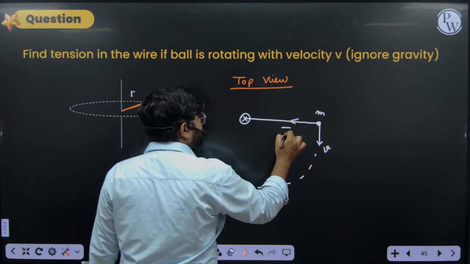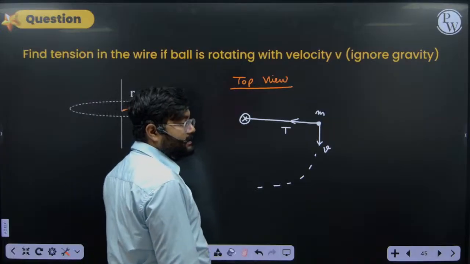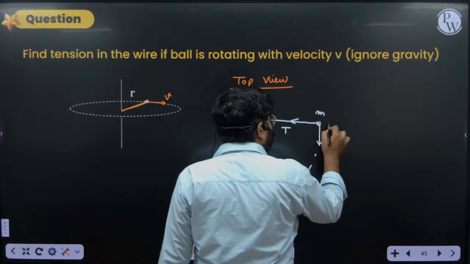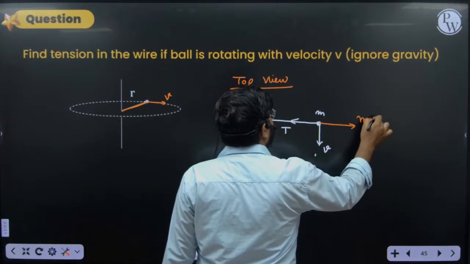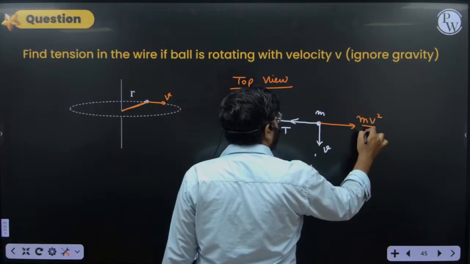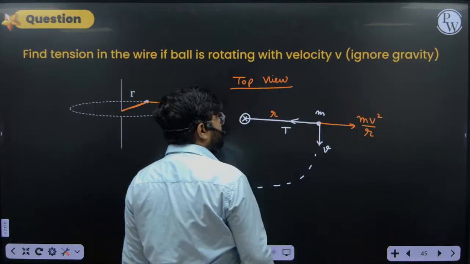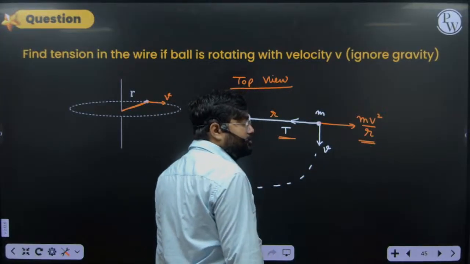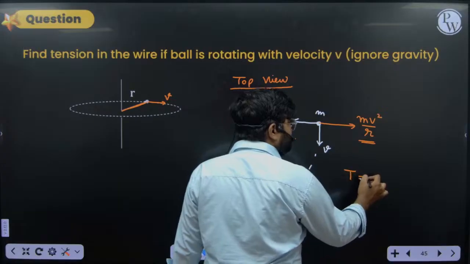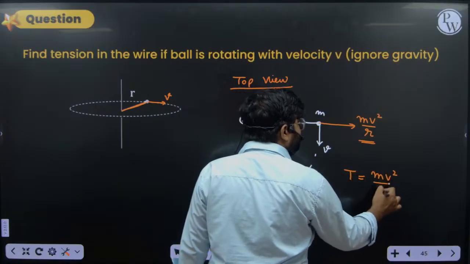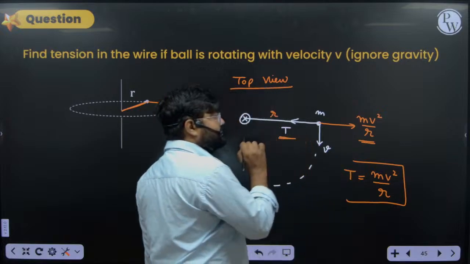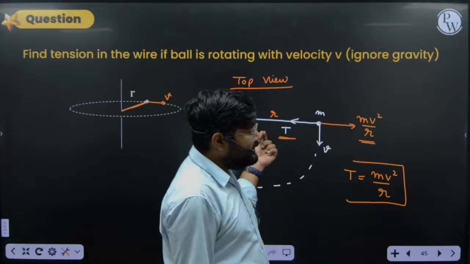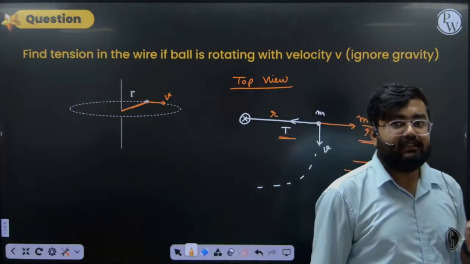The centripetal force acting here is the tension T. Let us apply the pseudo force here, mv square by r, where r is the radius of the circle, and now these forces are balanced. So the tension here is mv square by r. This is the way we will solve such questions: we apply the centrifugal force and then equate the forces in the radial direction.